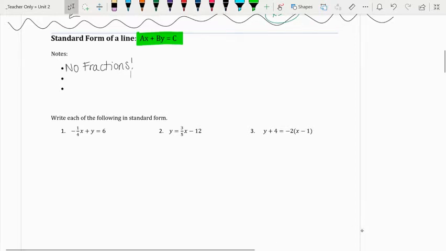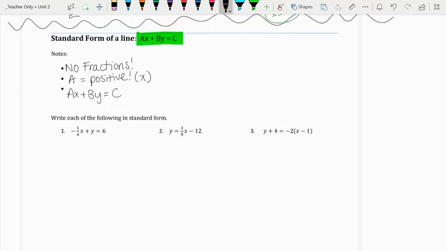The other thing is that your a value is positive. Okay. No, ax plus by equals c. Right? So x is first, then y, then it's going to equal.